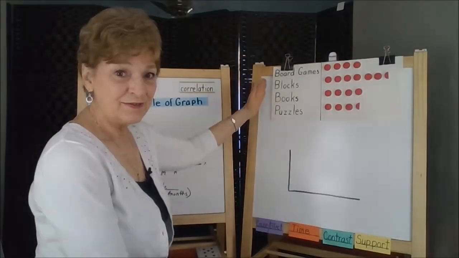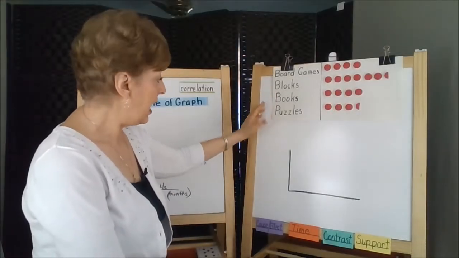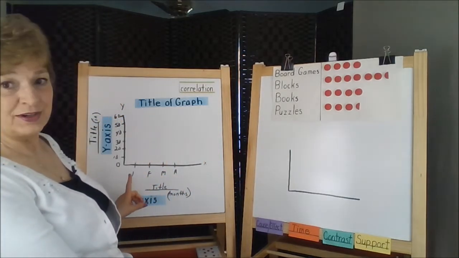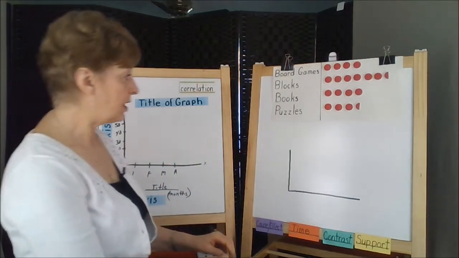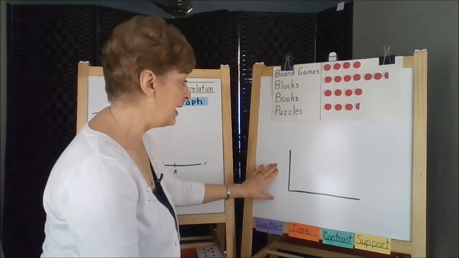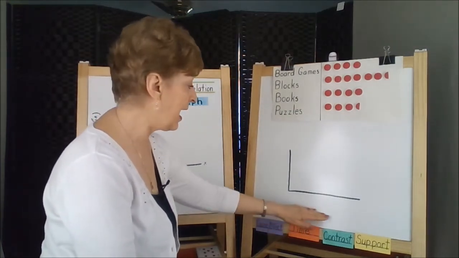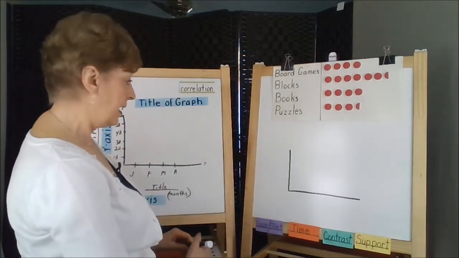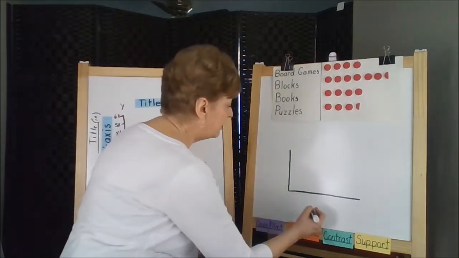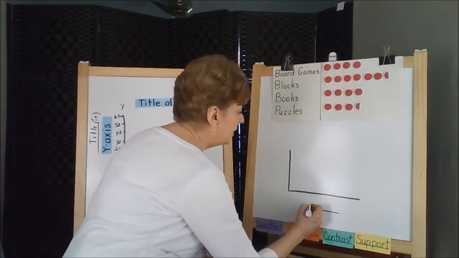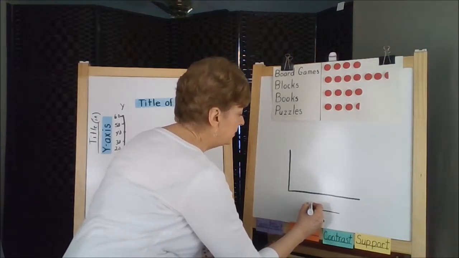Let's take the data from this simple chart and put it into the framework of the graph that we were discussing before. Well, first of all, we need to have titles on the horizontal and vertical axes. The horizontal axis might have a title of maybe items.